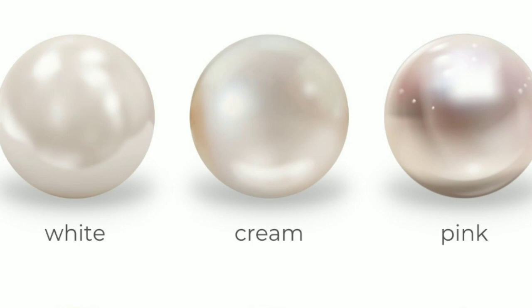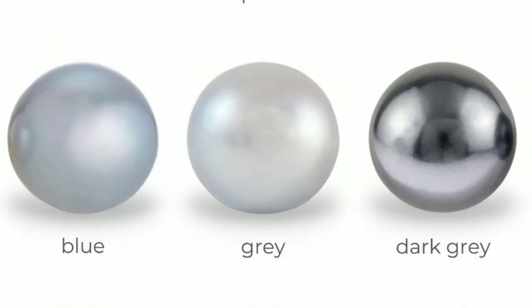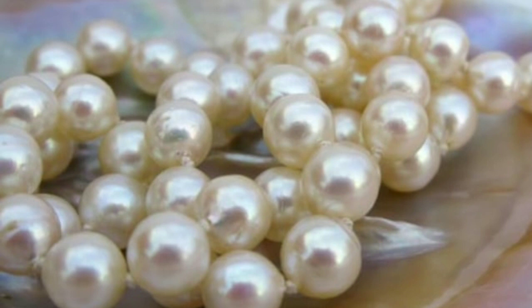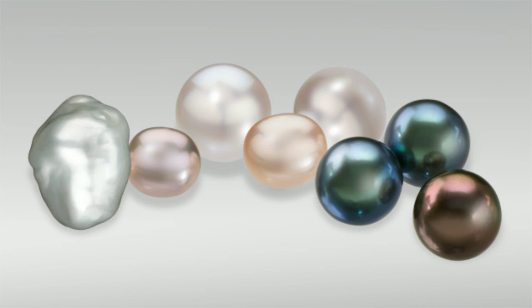Black, gray, or silver are also fairly common, but the palette of pearl color extends to almost every hue. The main body color is often modified by additional colors called overtones, which are typically pink, sometimes called rose, green, purple, or blue. Some pearls also show iridescence, a phenomenon known as orient.